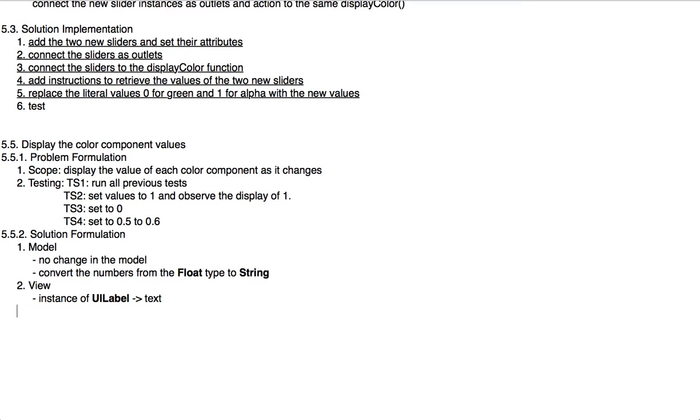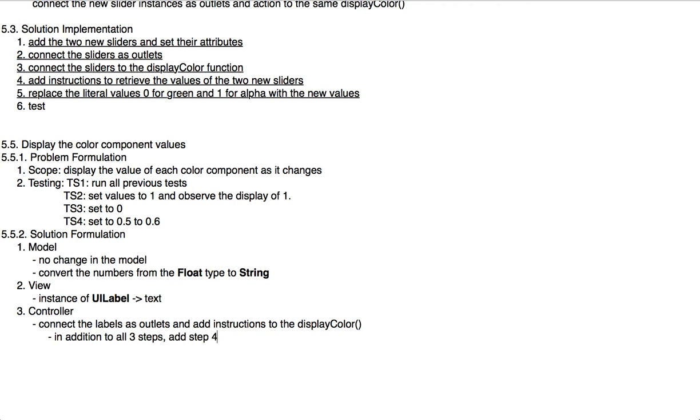And to use the label, in the controller, we need to connect the labels as outlets and add instructions to the display color function. So now in the display color, in addition to all the previous 3 steps, add step 4.